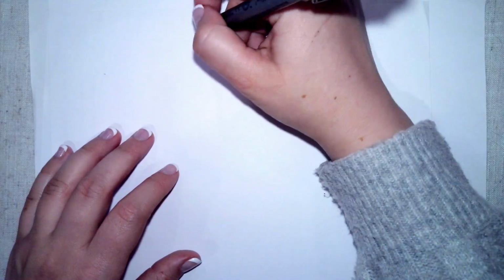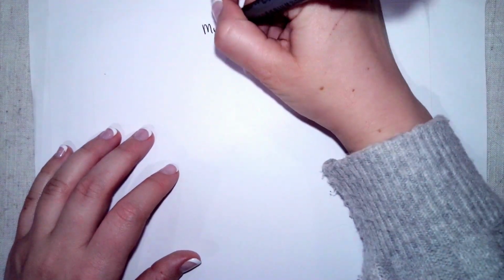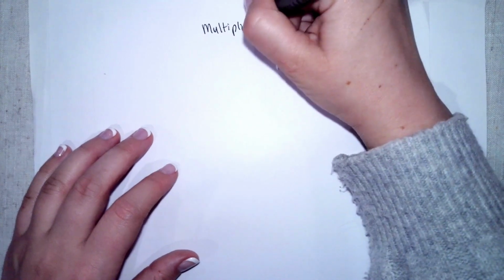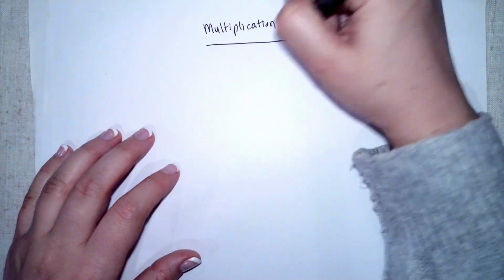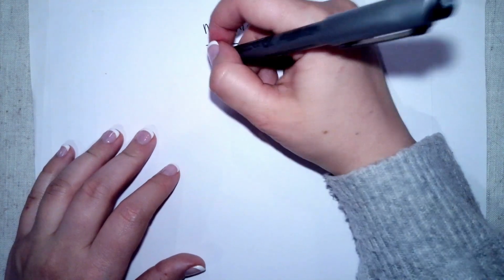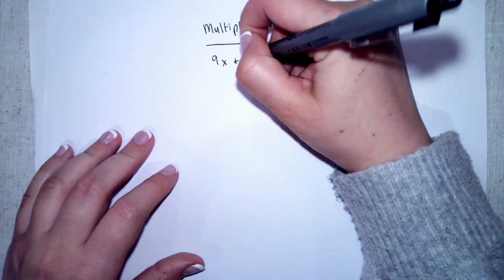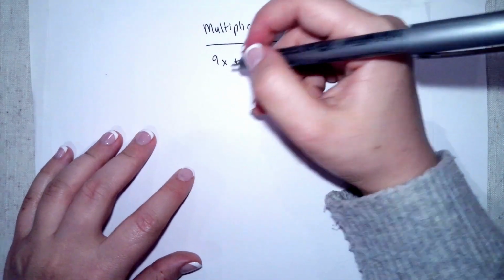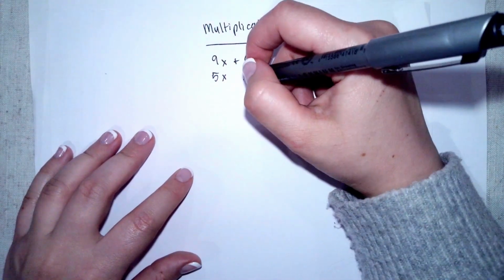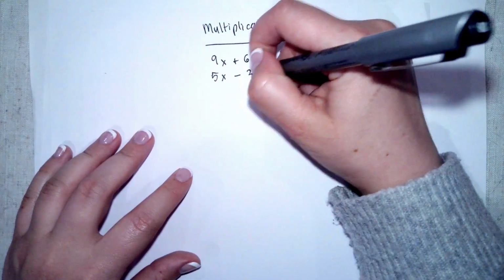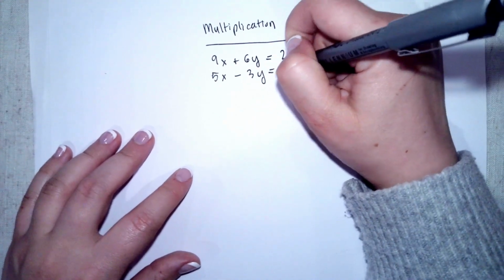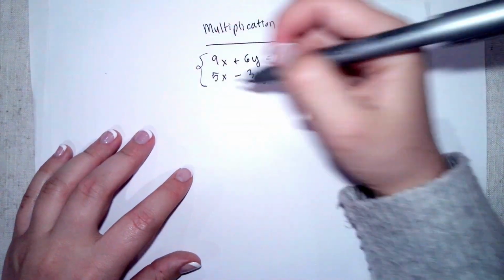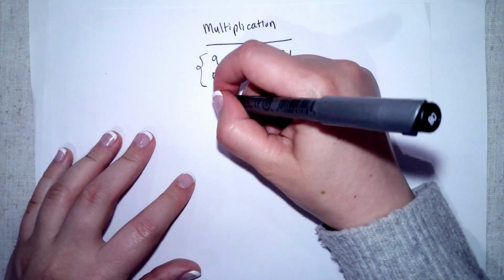So for this one, we're going to use the system 9x plus 6y equals 21 and 5x minus 3y equals 37. Okay, so that's our system. Alright, so I'm going to bring it down here.